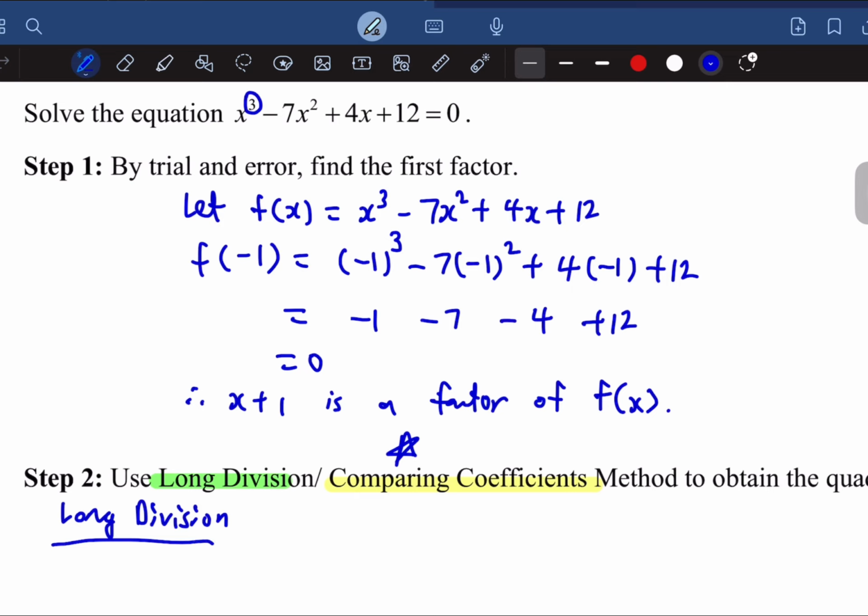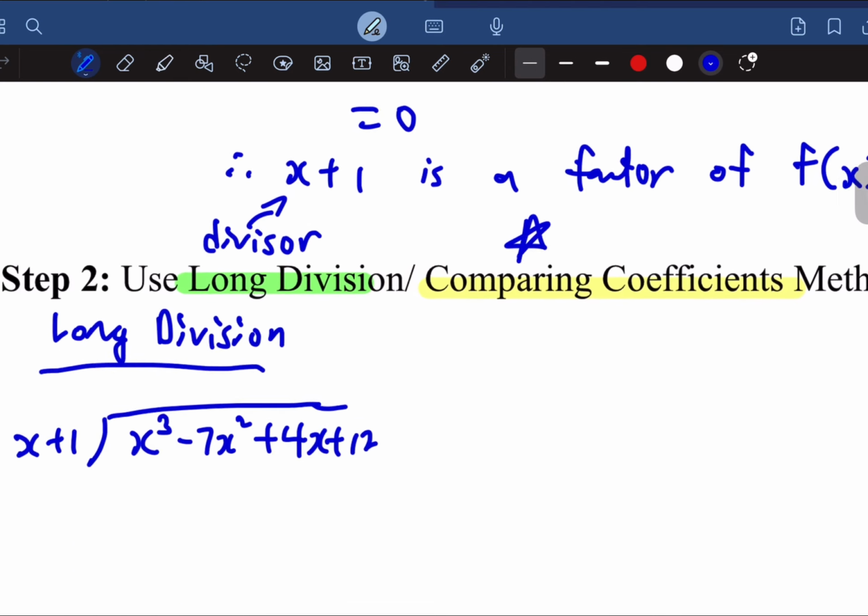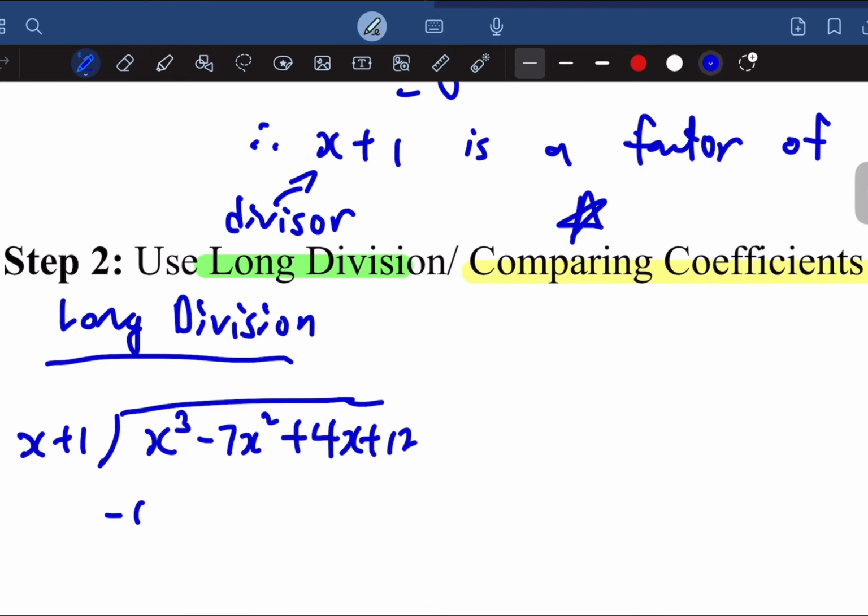So this will be my divisor because this is one of the factors. So over here, x cubed minus 7x squared plus 4x plus 12 divided by x plus 1. Minus sign here. I want to remove x cubed, so I have to multiply by x squared. x squared times x gives x cubed, and x squared times 1 gives x squared.